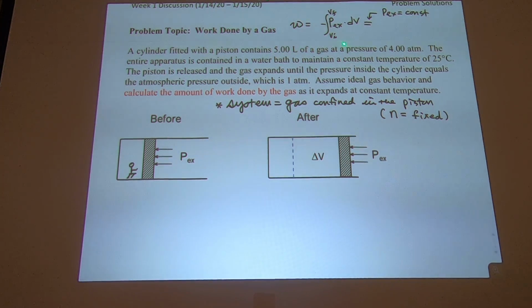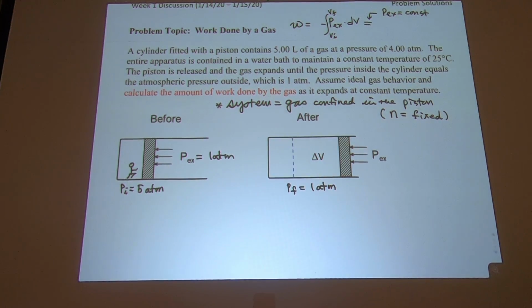The piston is released and expands until the pressure inside the cylinder equals the atmospheric pressure outside, which is 1 atm. In the beginning, the initial pressure is 5 atmospheres and the external pressure is 1 atmosphere. The final pressure, the problem says, is 1 atmosphere.